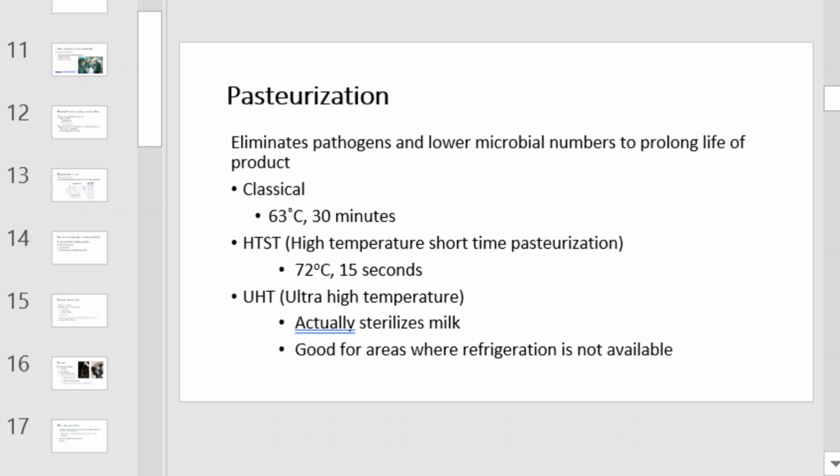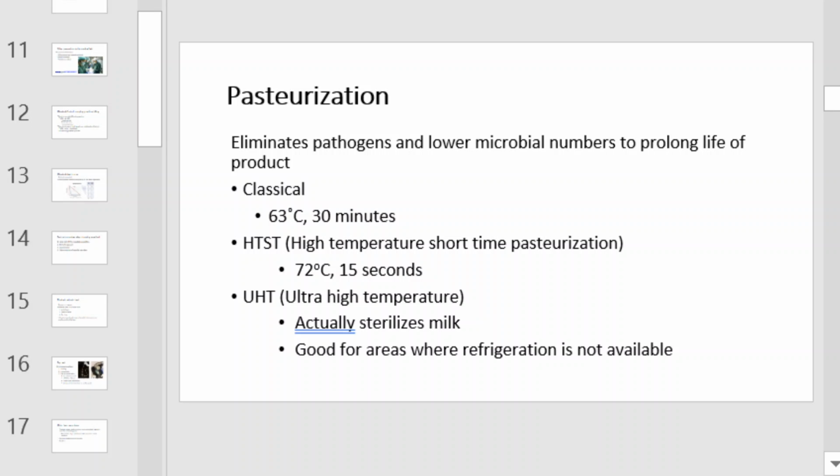Pasteurization. Pasteurization eliminates pathogens and lowers microbial numbers to prolong the life of a product. Classical treatment for pasteurization includes heating a material to 63 degrees Celsius for as little as 30 minutes.